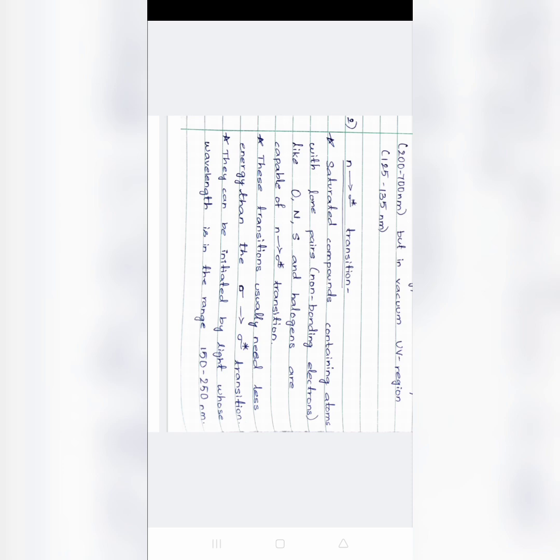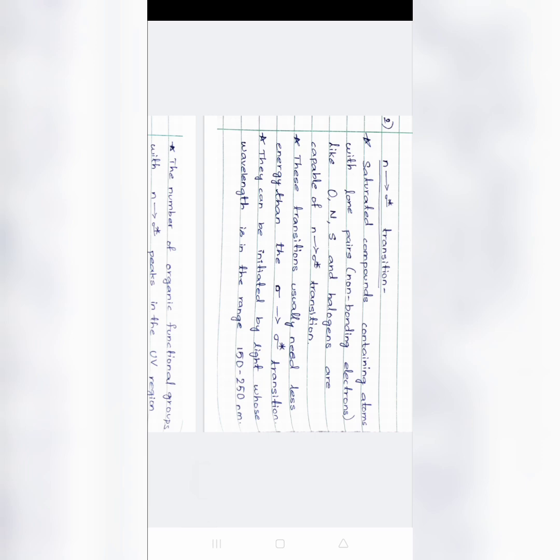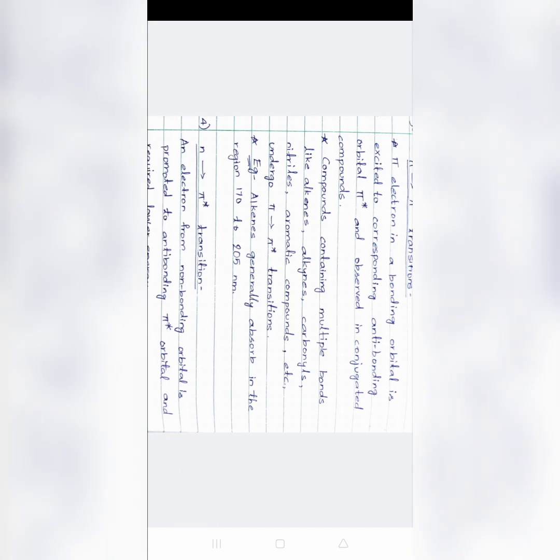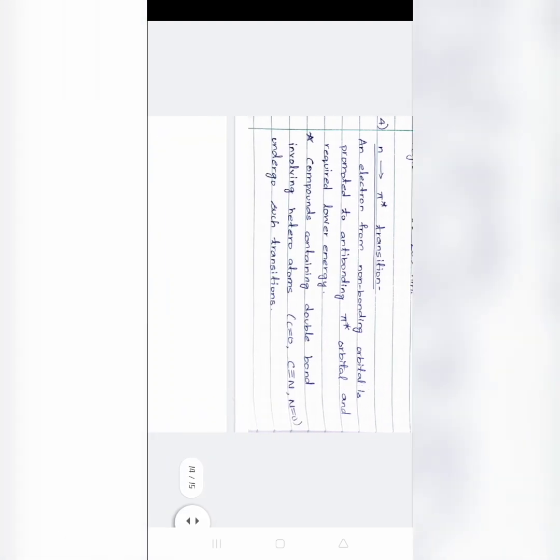They are initiated by light of wavelength 150 to 250 nanometer. Compounds which contain a pi bond: when these compounds absorb the electromagnetic radiation, the pi electrons are excited into pi antibonding orbitals. This takes place in alkenes.